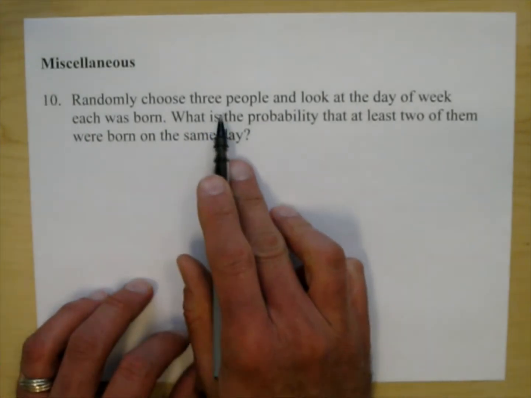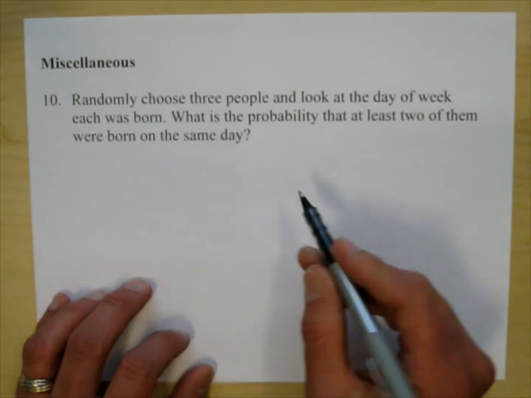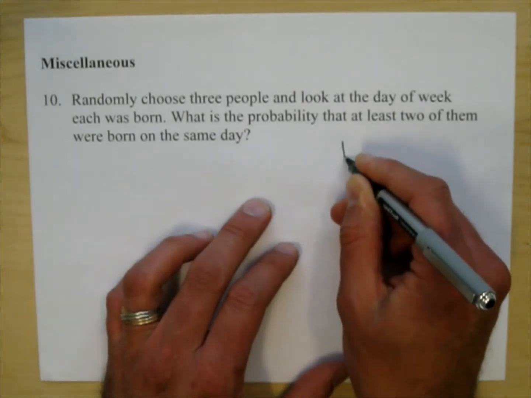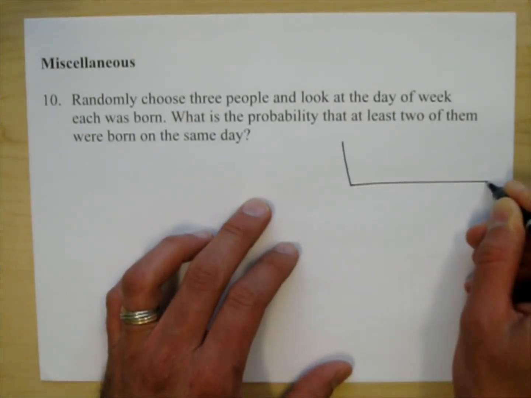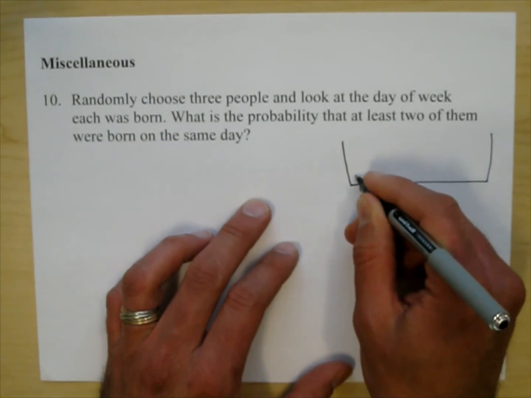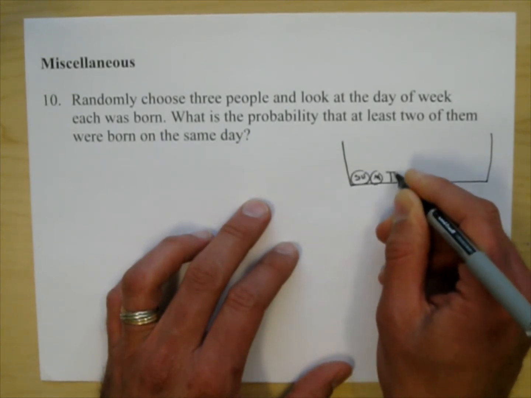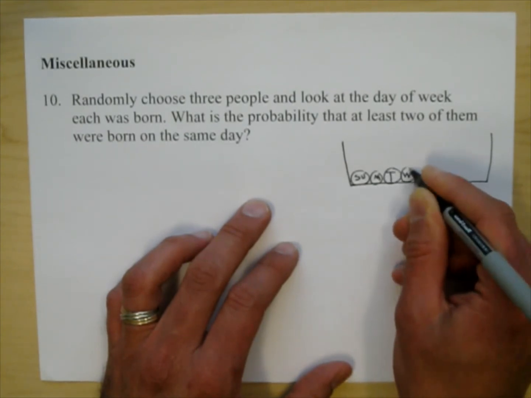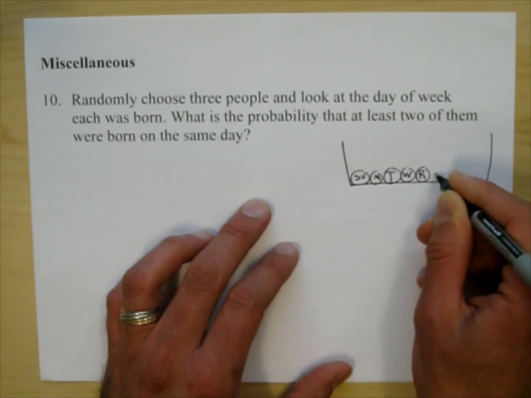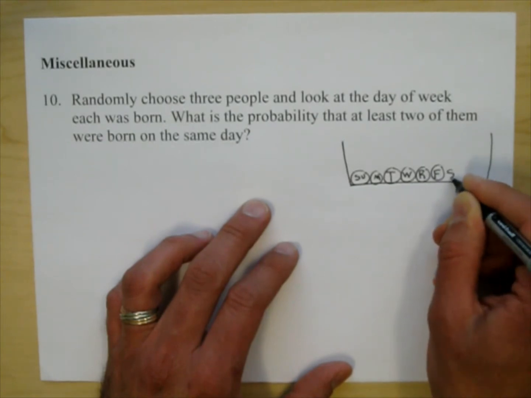You're selecting 3 people and looking at the day of the week they were born. I'm going to draw a box and put the days of the week in the box. We've done stuff like this before. So here's Sunday, Monday, Tuesday, Wednesday, Thursday, Friday, Saturday.